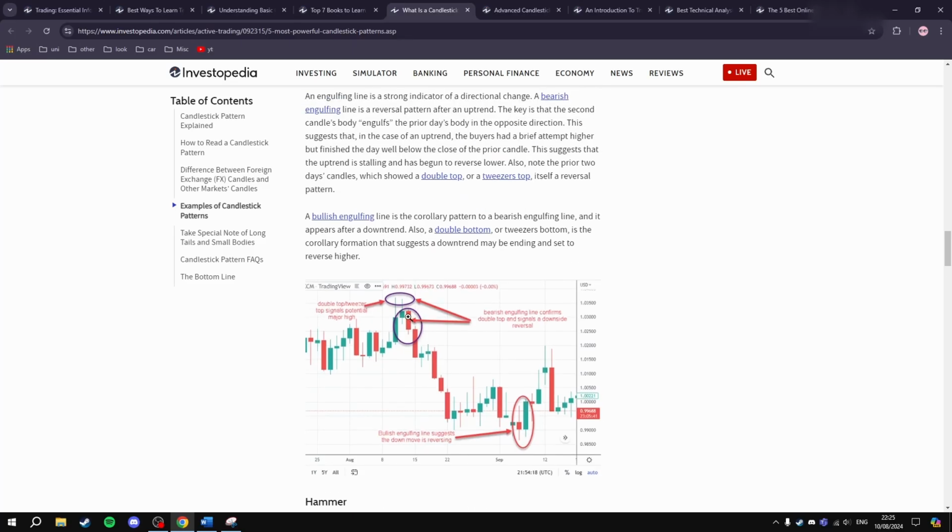Second candle's body engulfs the prior day's body in the opposite direction, so opposite direction because this one's green, this one's red, and this red's body eats the green one because it's larger, on both sides, both the open and close. Confirms double top and signals a downtrend.